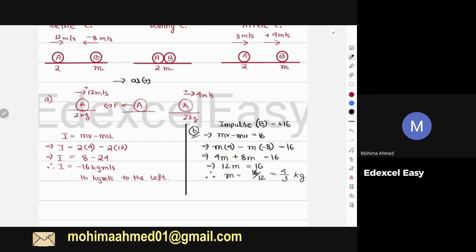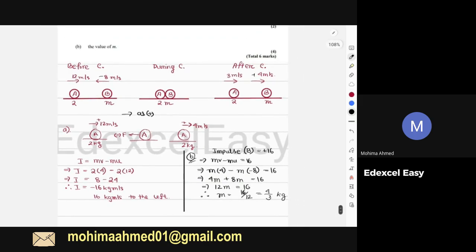Using this impulse, you can calculate the mass of particle B in a very few short steps. Or if you want, you can also use the idea that total momentum before collision equals total momentum after collision. But that will just be more time consuming, because it takes more time to write all the momenta for particles A and B before collision, A and B after collision, and then substitute and rearrange them to make m the subject of the formula.